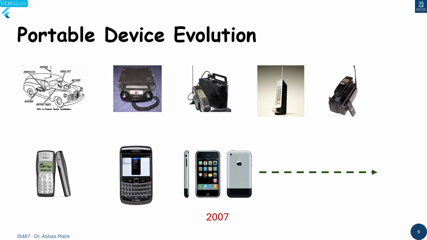But in 2007, when Apple released its first iPhone, that changed the whole game. Now we have a touchscreen mobile which has connectivity with Wi-Fi, and it gives you many more capabilities to do with that mobile device rather than only voice calls or some short text messages.